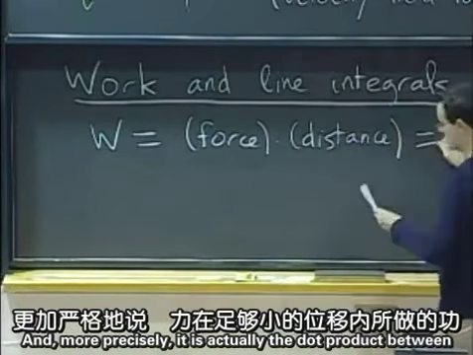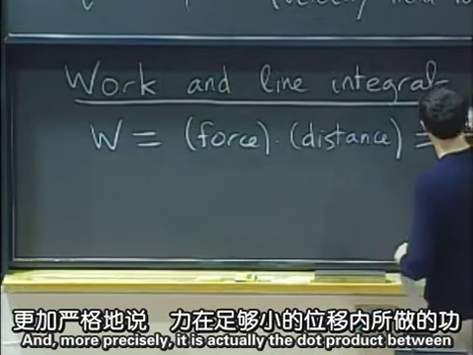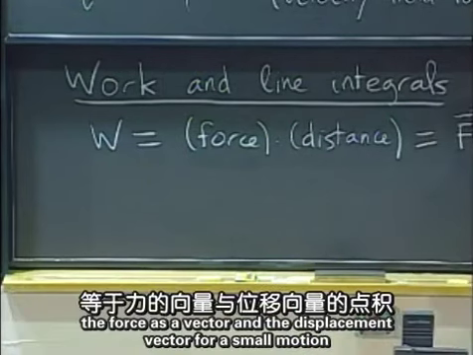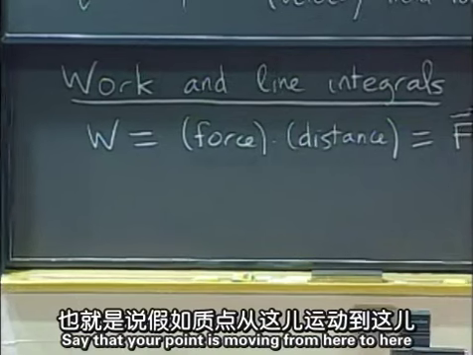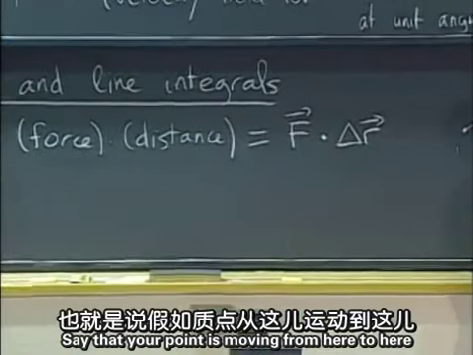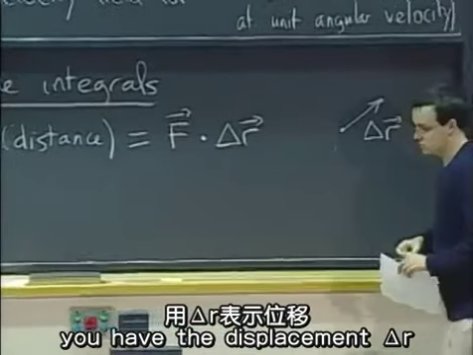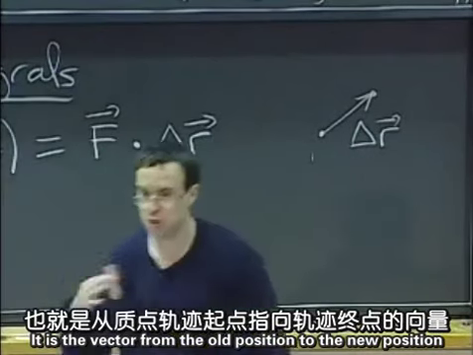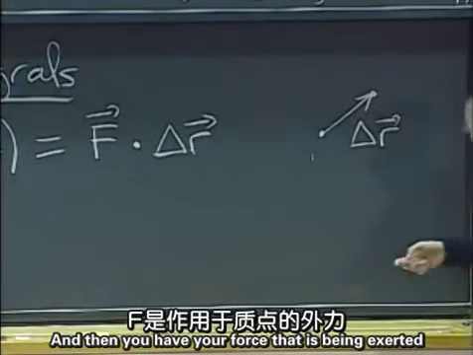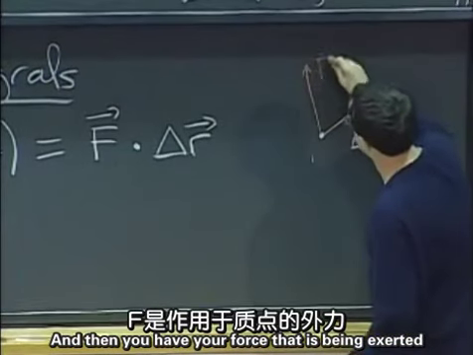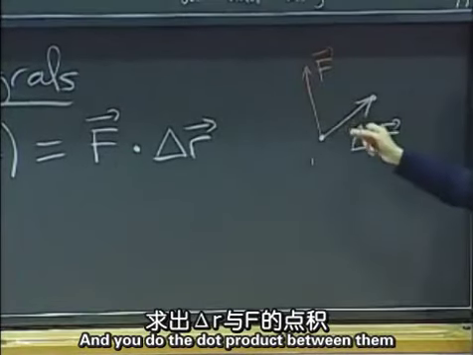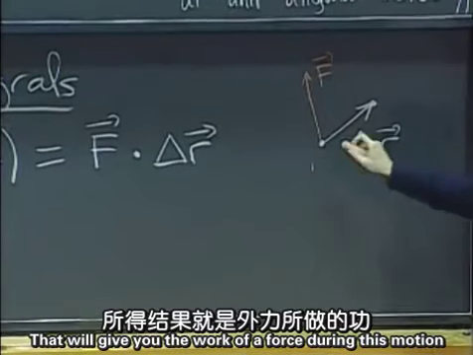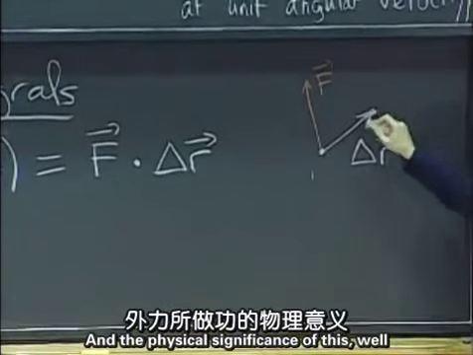More precisely, it's the dot product between the force as a vector and the displacement vector for a small motion. Say that your point is moving from here to here, you have the displacement delta r, that's just the change in the position vector, the vector from the old position to the new position. Then you have your force that's being exerted, and you do the dot product between them. That will give you the work of the force during this motion.